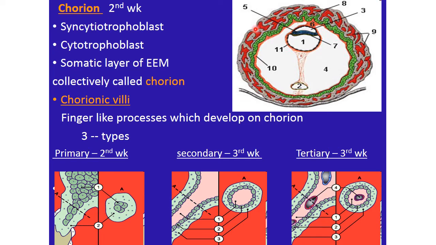And these three layers are collectively called the chorion. And then the finger-like projections of the cytotrophoblast outwards into the syncytiotrophoblast form the chorionic villi all over the chorionic sac initially. And if we consider the structure of the villi, we will label them as primary, secondary and the tertiary.